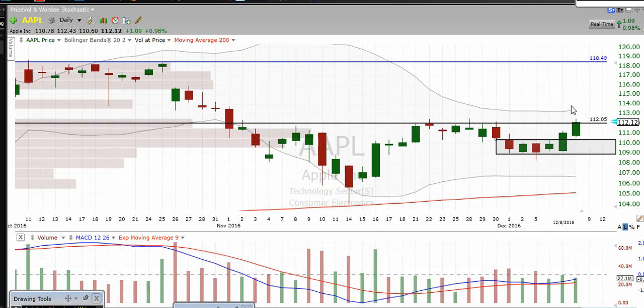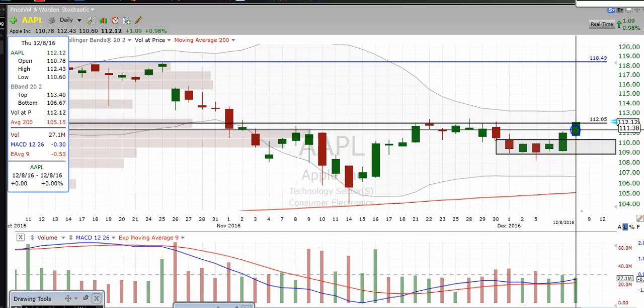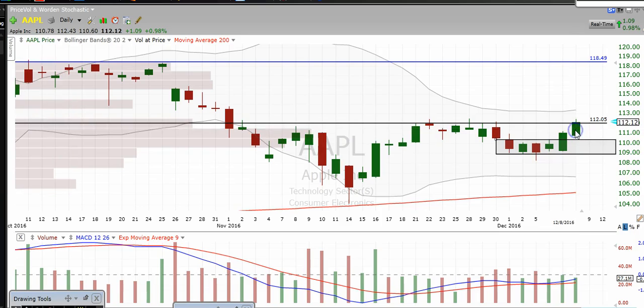So if we get a close higher tomorrow, so anywhere higher than about 112.20, the high of the day was 112.40. If we get a close over 112.40, more than likely we're going to come up here and fill the gap that was created from this gap down. So the gap is right around 118 right there.